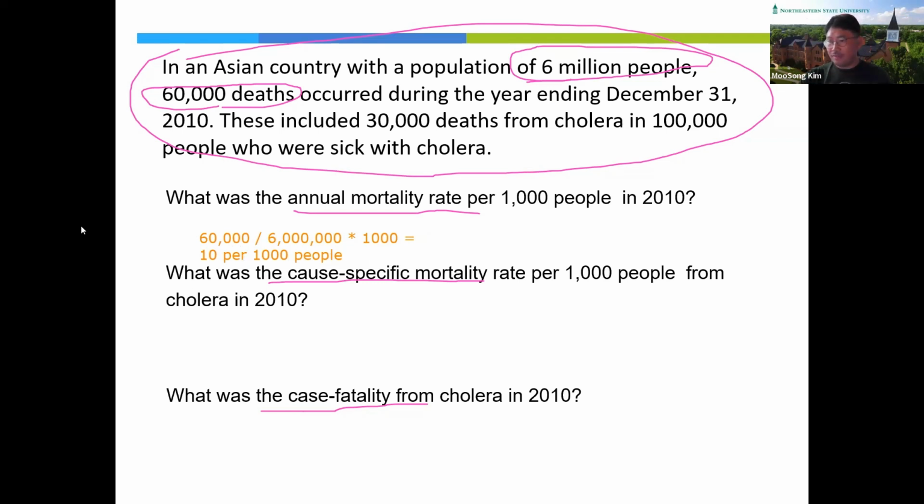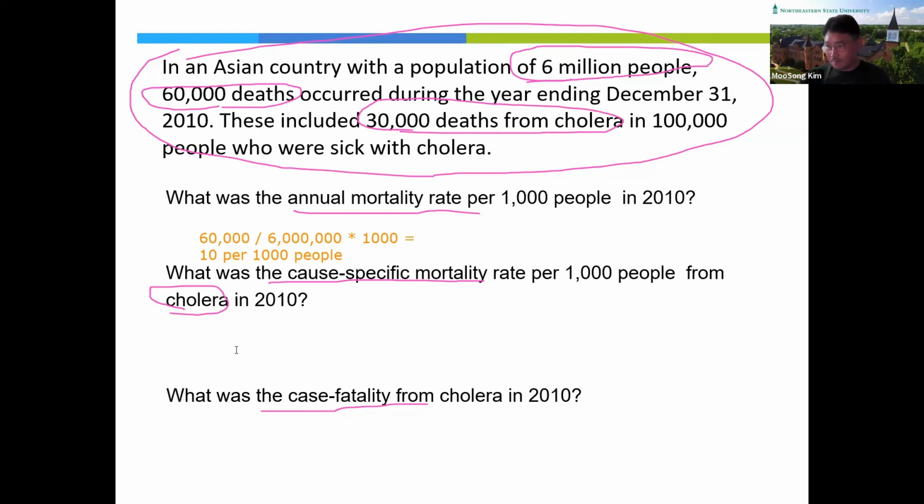And cause-specific mortality rate. So we can still use the total number of deaths, mortality rate from cholera. So the specific disease is cholera here. So how many people actually died from cholera here? These include the 30,000 deaths from cholera. So we need to use these 30,000, right?